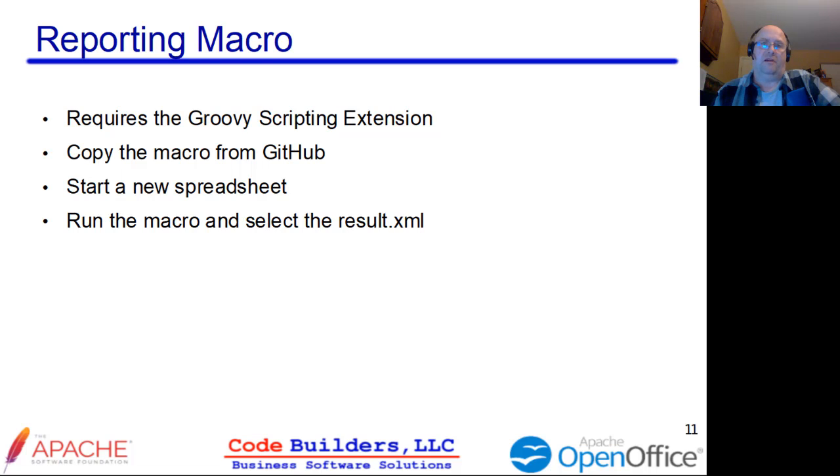So that's a prerequisite to doing this, and then you need to copy the macro off of my GitHub project, and I'll show links at the end to all this. And then the next step is start a new spreadsheet, and then run the macro, and then select that result XML file, which has the test result in it. So I'll show you that next.